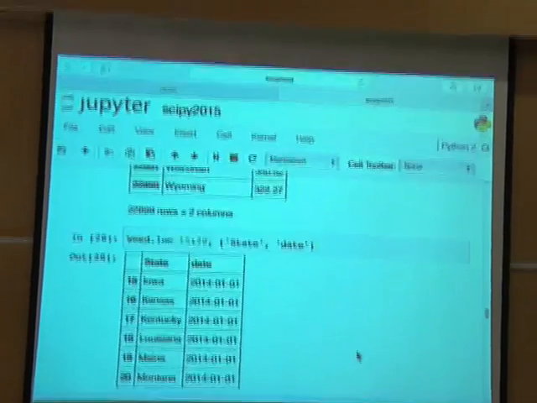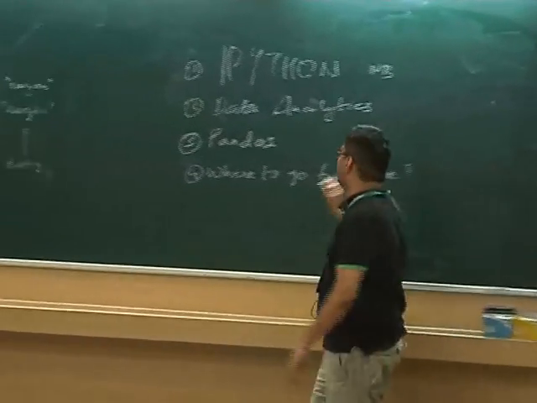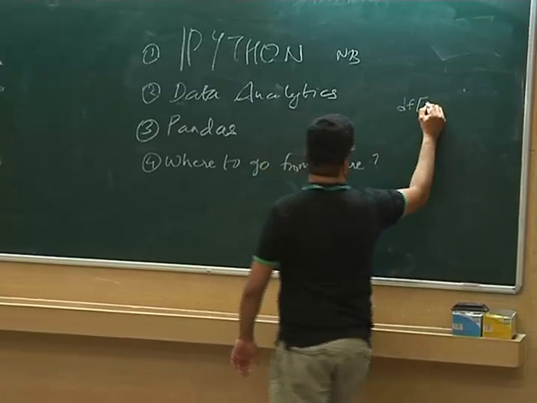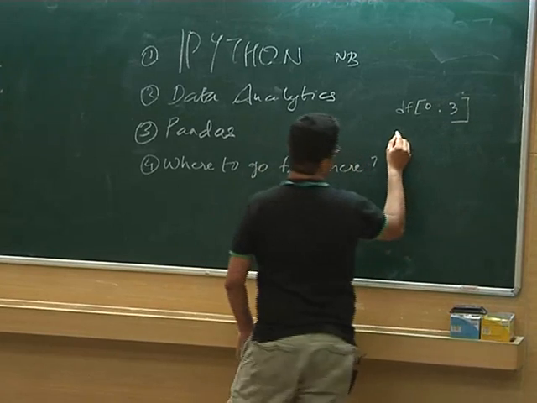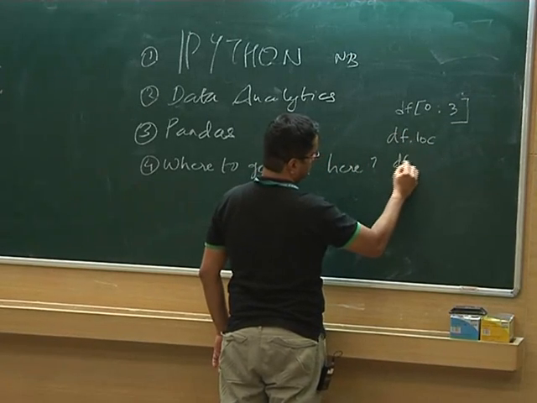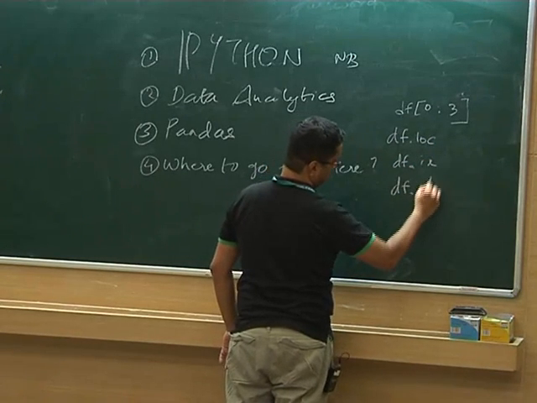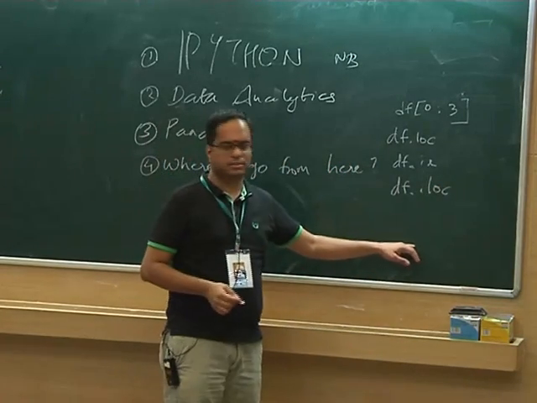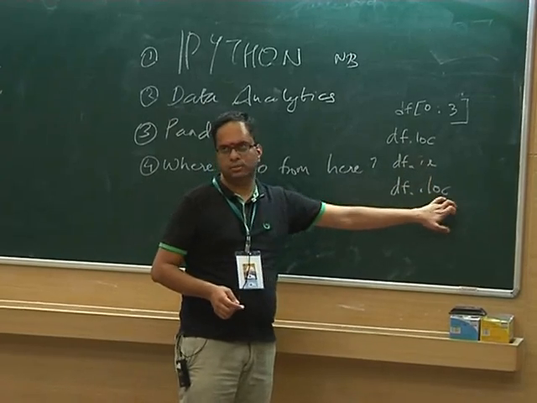So a data set can be referred to predominantly in 3 ways. So you can just have the data frame. When you give something like this, it goes and operates on the row. There are 3 dominant things that are used. One is LOC, one is IX, one is ILOC.